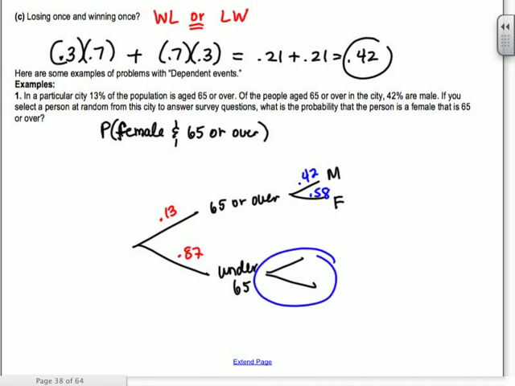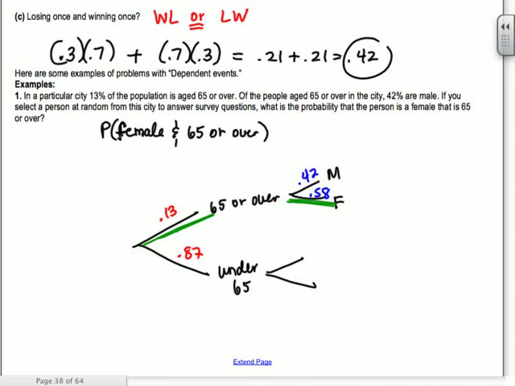Okay, we know nothing down here, but that's fine, because we're just asked to find the probability that a person is a female that is 65 or over. So that means you're going to go the 65 or over route and then female. Actually, no, it is dependent. I'm lying.